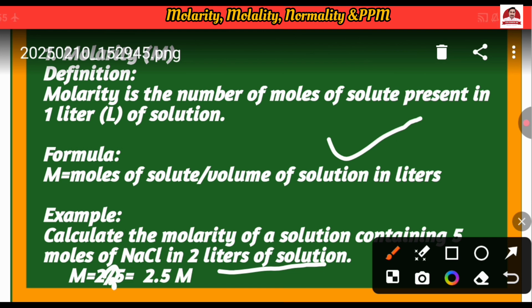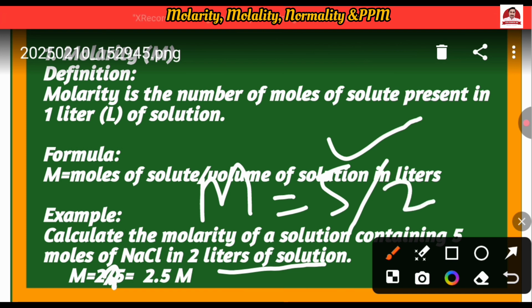So we calculate the molarity as M is equal to the number of moles, which is 5, divided by the volume of solution in which we dissolve 5 moles of solute, that is 2, and after calculating mathematically we get 2.5.